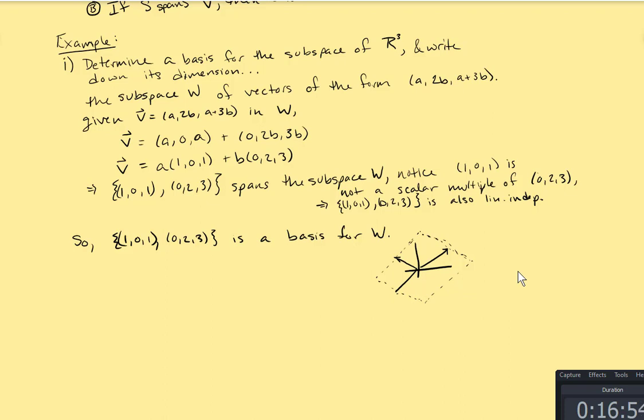So we can say this plane that I've labeled is W. It's the plane spanned by these two vectors, which I'm just saying are (1, 0, 1) and (0, 2, 3). I didn't draw them accurately for those components, but we can think of whatever these two directions are. Think of the plane swept out by those two directions. That's our plane that's really given by the subspace W. So we found it, and since this basis has two vectors in it, the dimension of W equals 2 by definition.